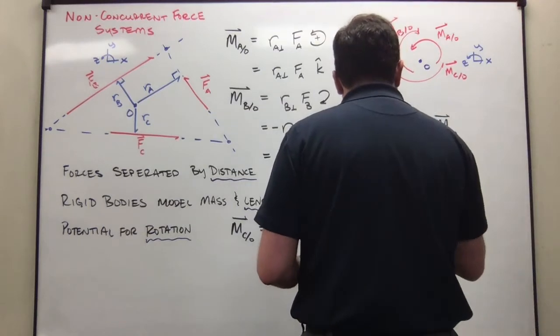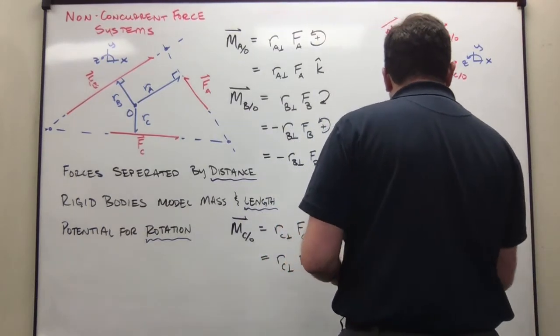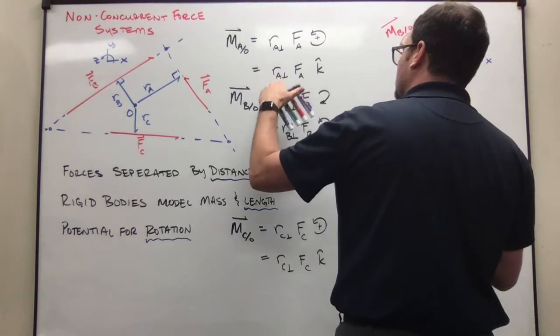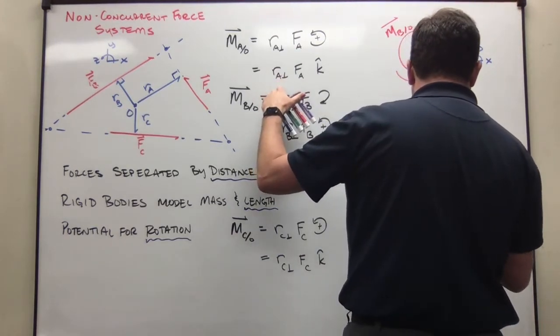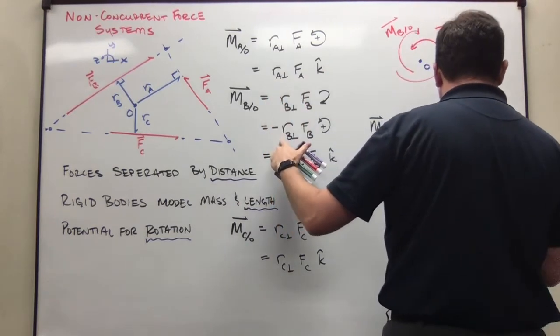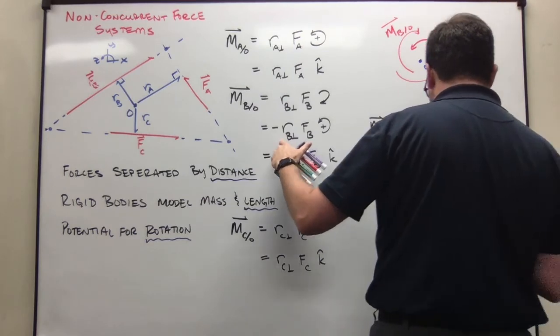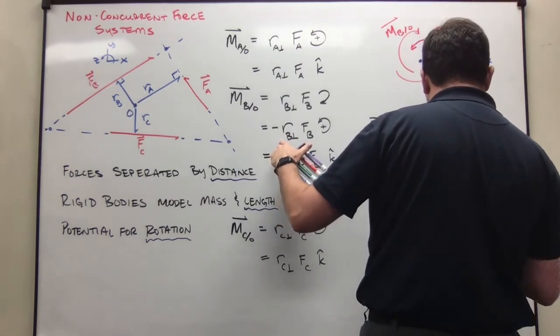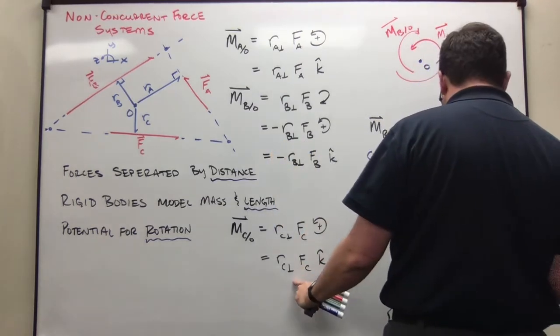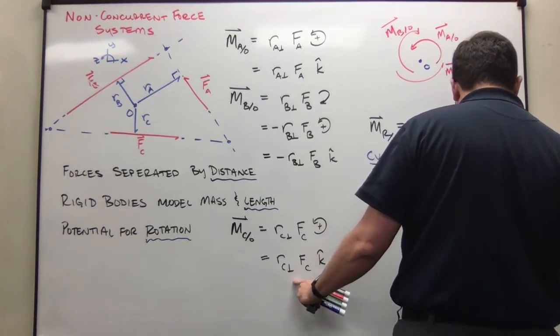And so if we were to do this in Cartesian vector notation for this particular system that we've looked at here, our resultant moment about point O would be RA perpendicular times FA minus RB perpendicular times FB plus RC perpendicular times FC.